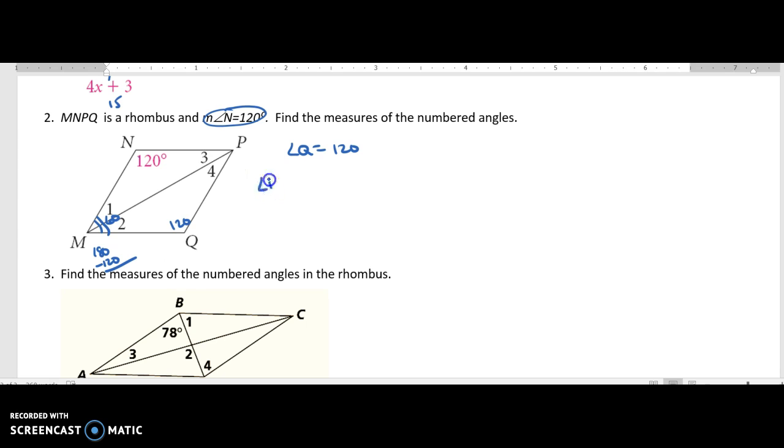But remember, angle 1 is congruent to angle 2. Therefore, if they add up to 60 degrees, the easiest way to find them is to take 60 divided by 2 to get angle 1 is 30, angle 2 is 30. And right away, if opposite angles are congruent, this whole angle is 60, which will make angle 3 30 and angle 4 30 degrees.